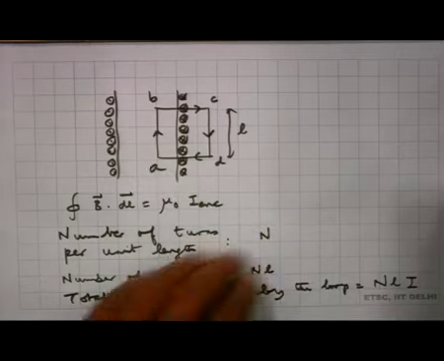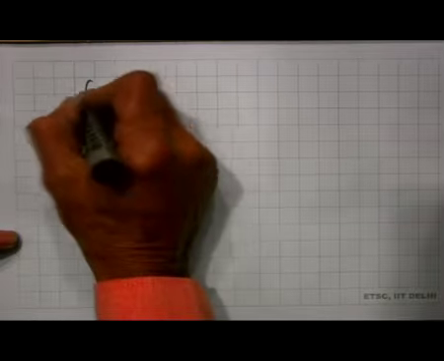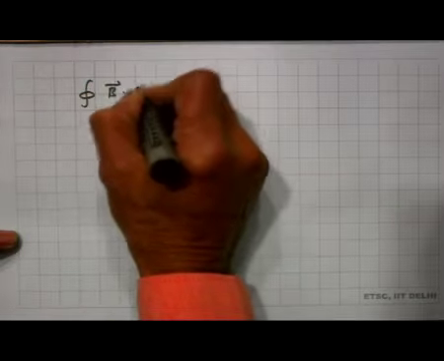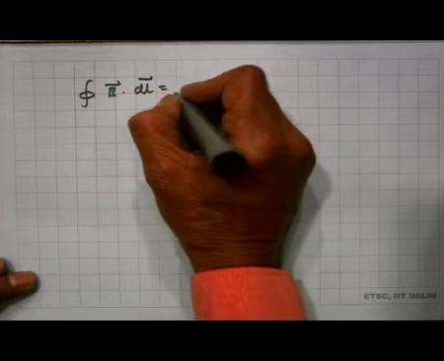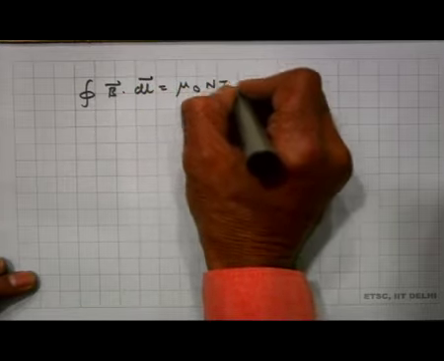So, the total current enclosed is n L I, and Ampere's law tells me the integral B dot dl must be equal to mu 0 n I into L.